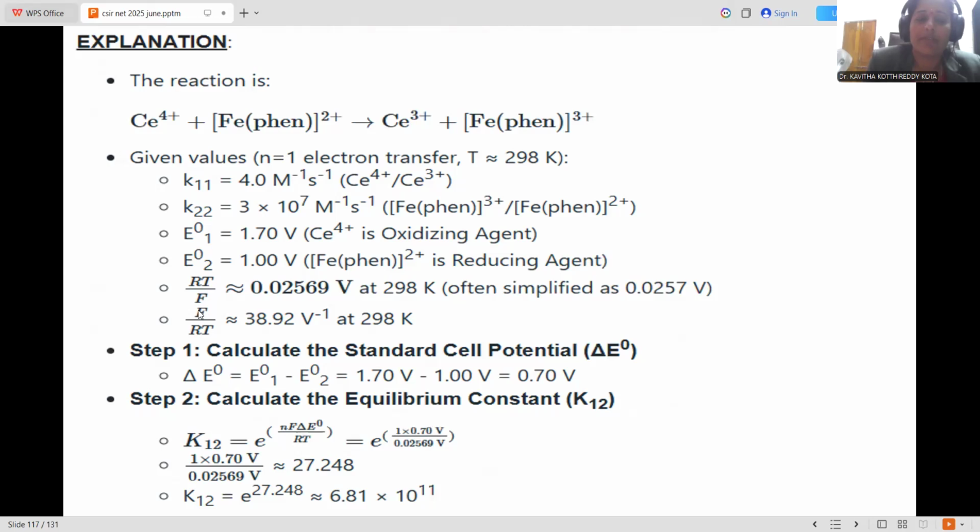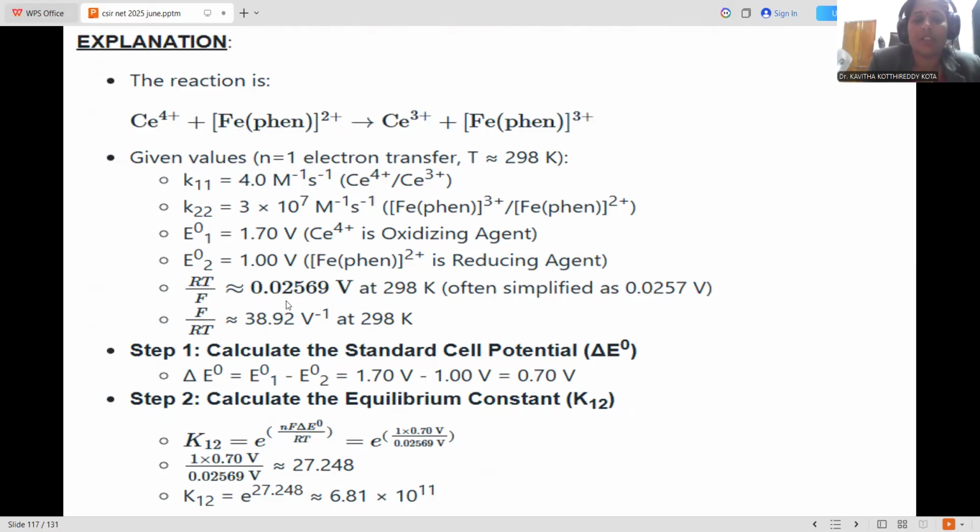The value of RT by F is entirely fixed, because the gas constant, Faraday value and temperature will not change. That is taken as 0.02569 volts at 298 Kelvin, right?